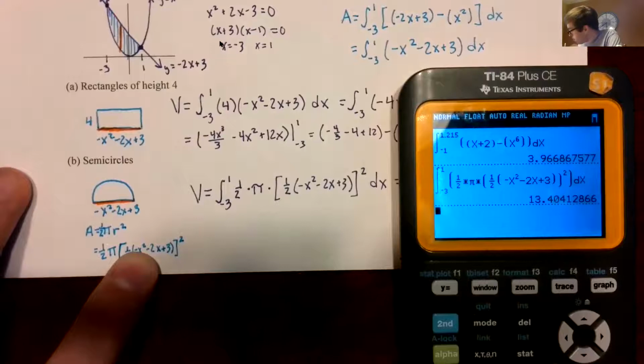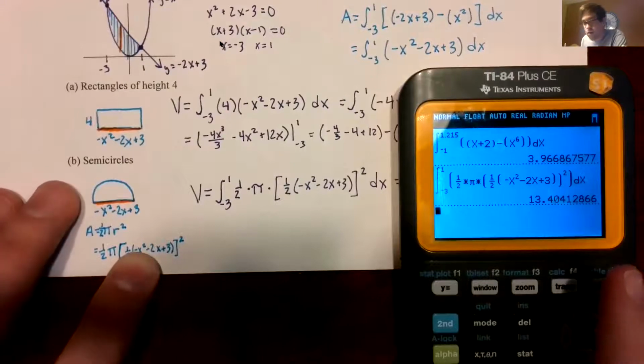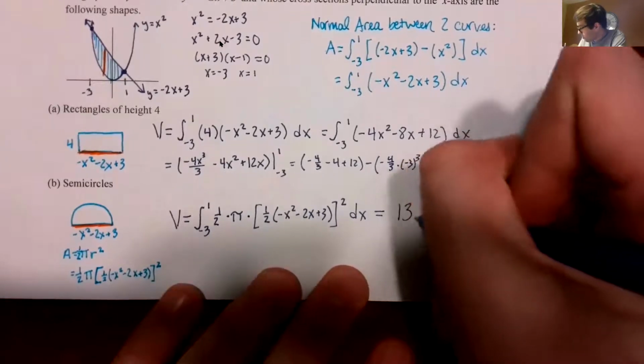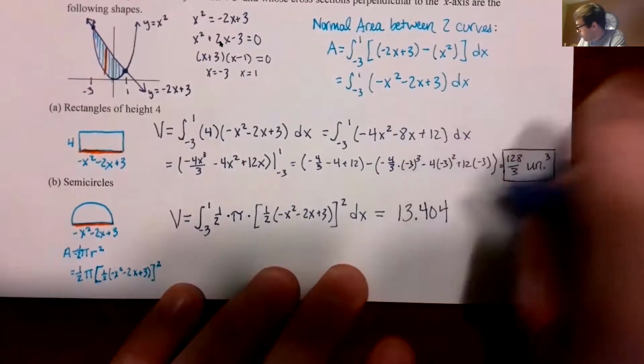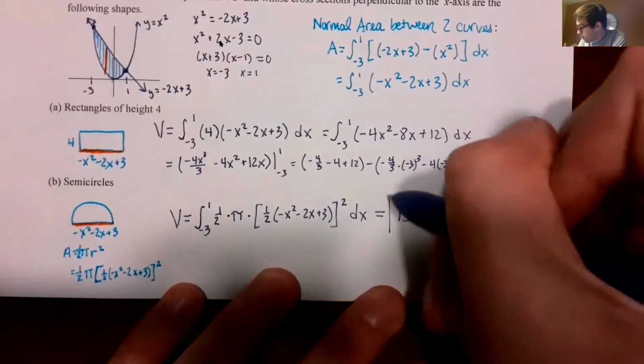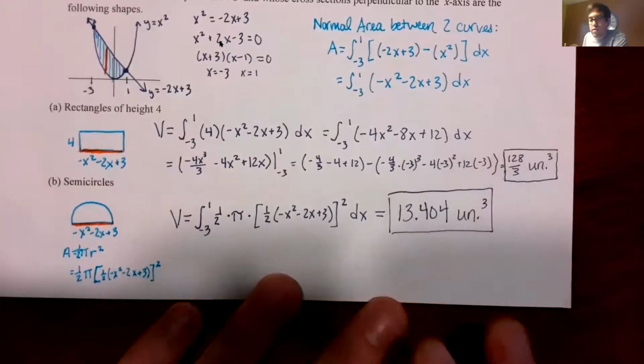And I end up with 13.404, and that's what I got earlier, so I know I am correct, unless I made the same mistake twice, but I don't make mistakes. That's not true. And so this time, I got 13.404 units cubed.